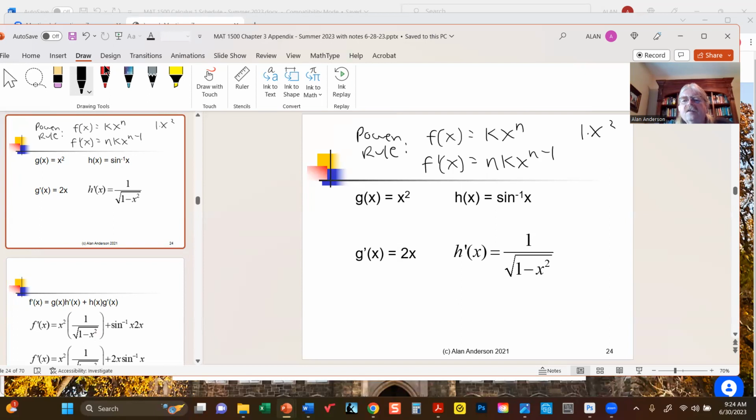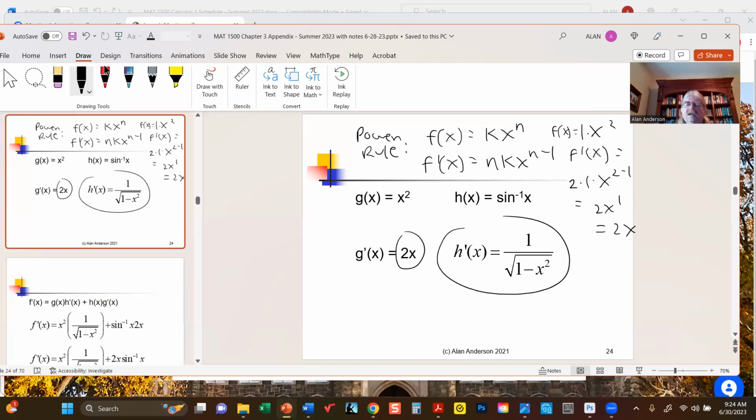So the derivative would be 2 times 1 times x to the 2 minus 1 equals 2 times x to the 1, or just 2x. Beautiful. Now over here, this one, we just look it up in the chart. Okay, so we can scroll back where we want, but this is the derivative of the arc sine of x.